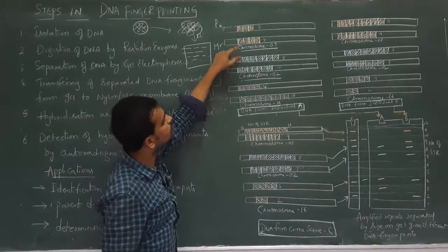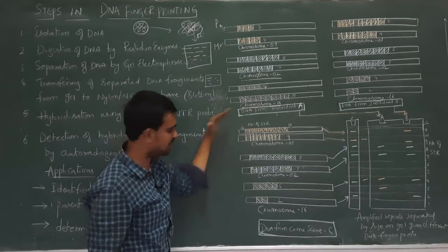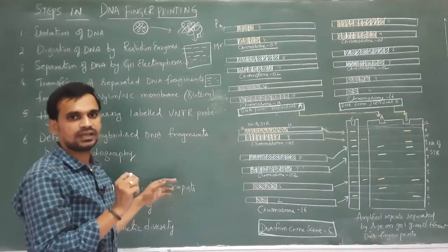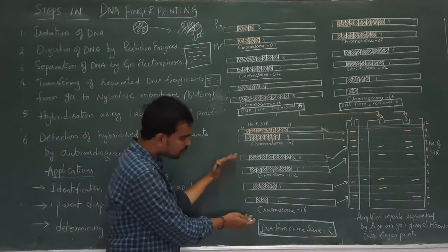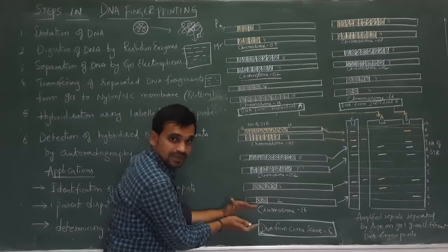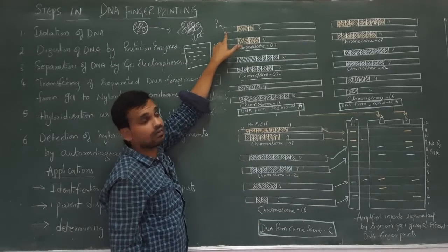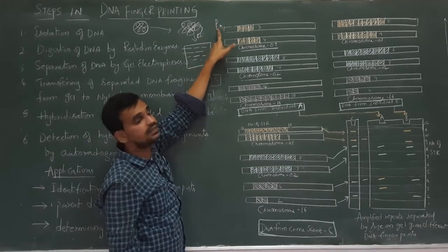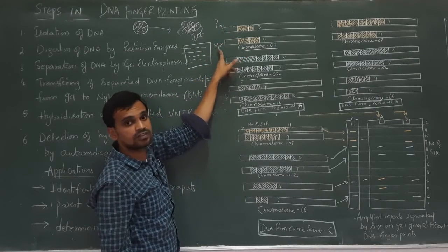This is chromosome 7, this is chromosome 2, this is chromosome 16. They have isolated these 3 chromosomes from the sample, a blood sample or something from where the crime happened. You may ask why two chromosomes are shown here. One chromosome is from the father, one from the mother. This is paternal, this is maternal.